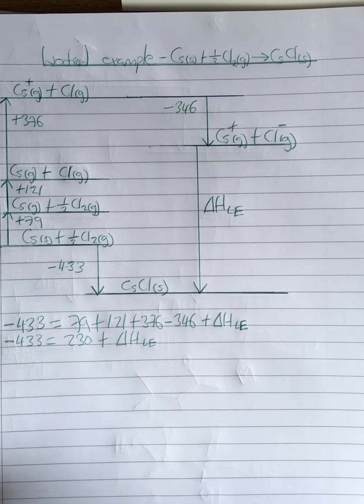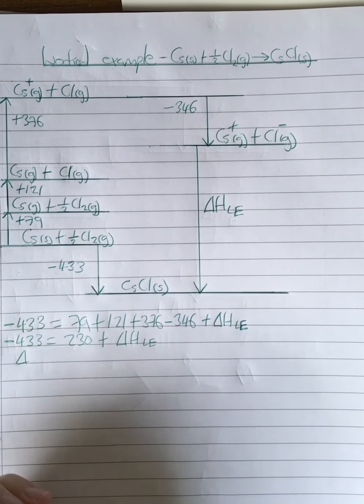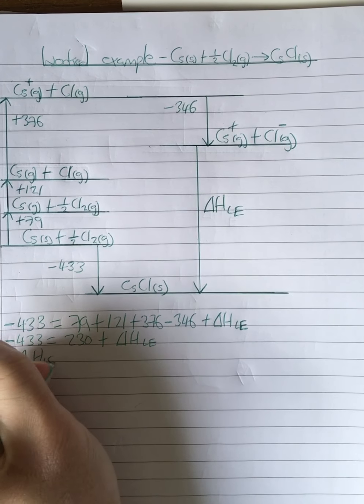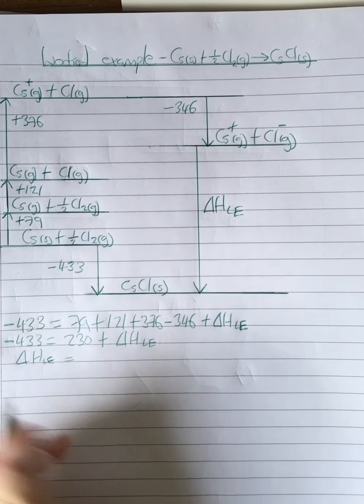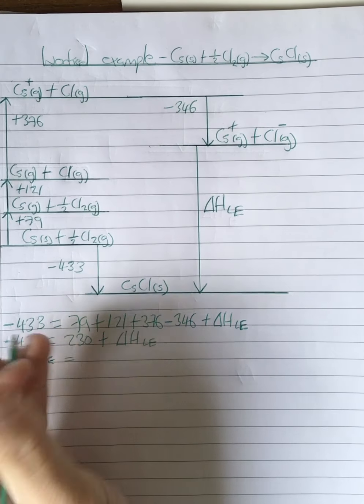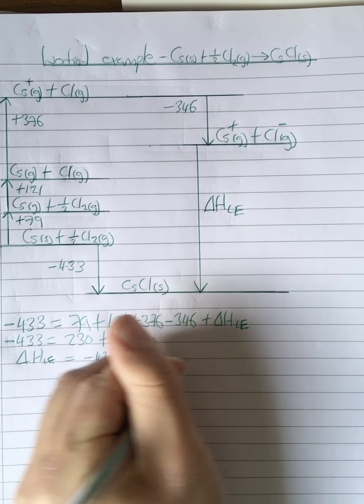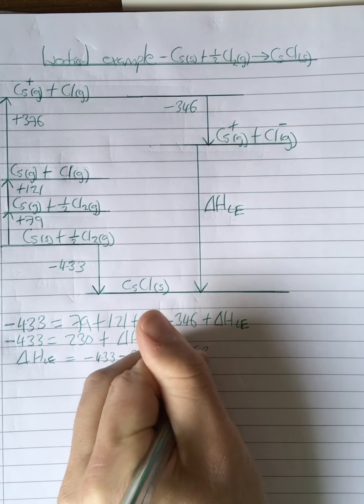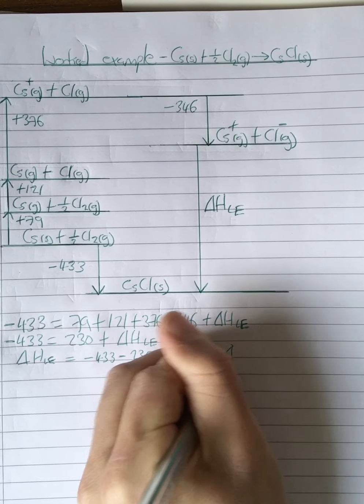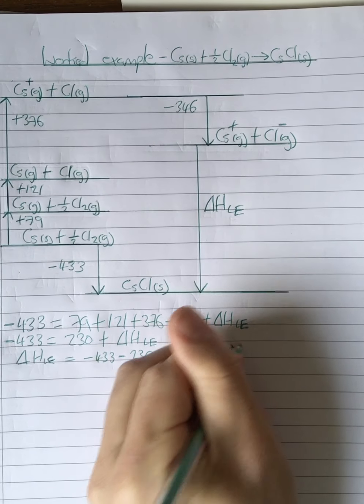I then rearrange the equation. Delta HLE is equal to minus 433 minus 230, which is equal to minus 633 kilojoules per mole. Should put there.